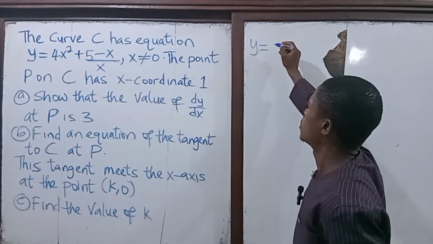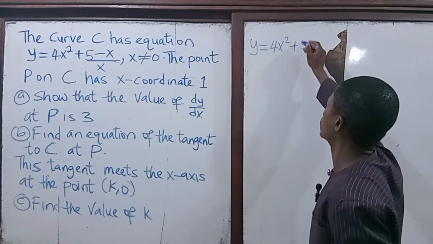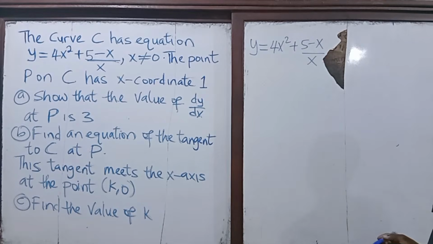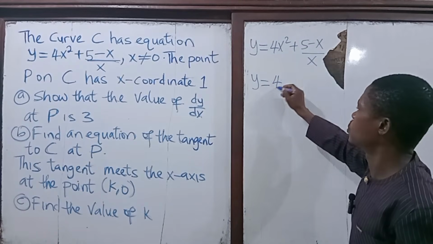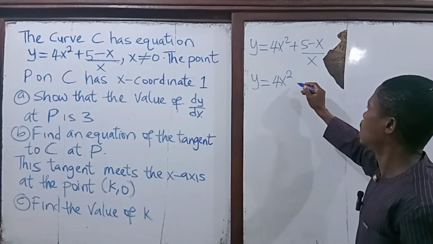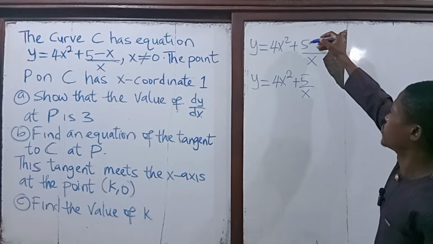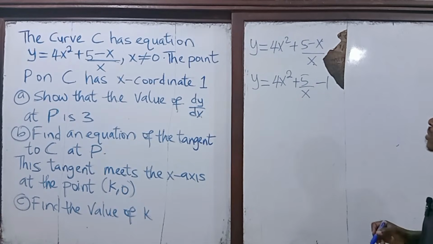y equal to 4x squared plus 5 minus x over x. So let's do the algebra of this one. y will be equal to 4x plus 5 over x minus x over x, and that's -1.